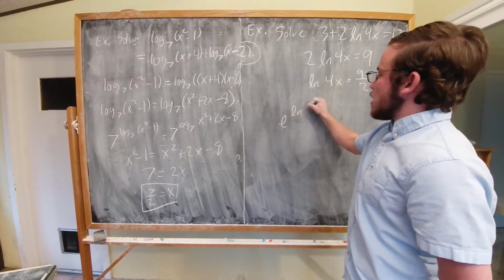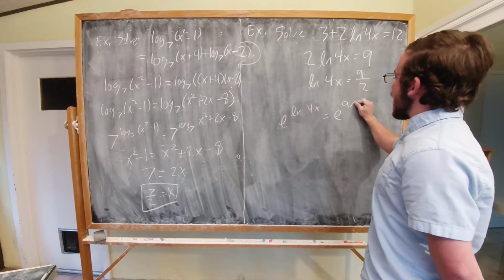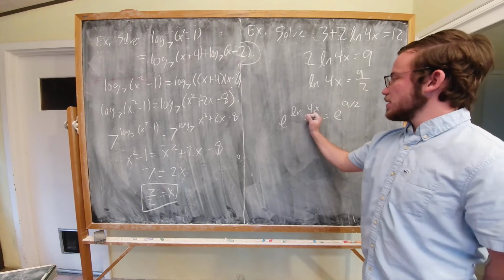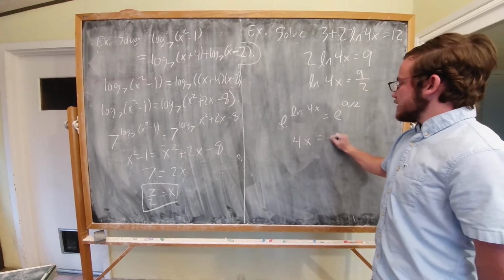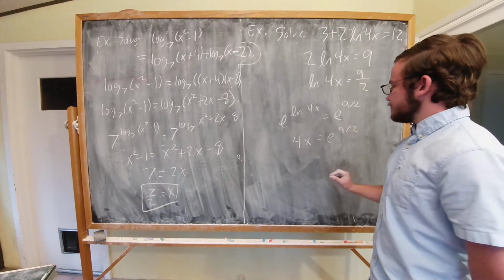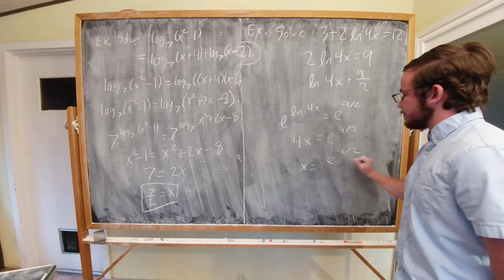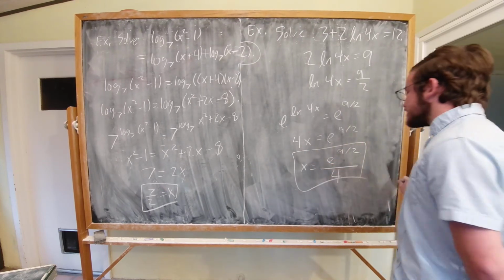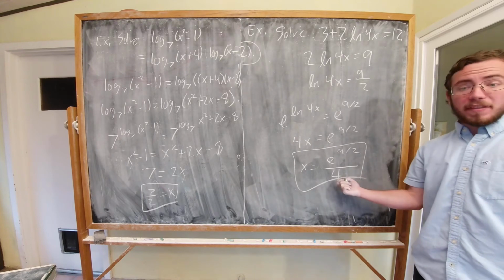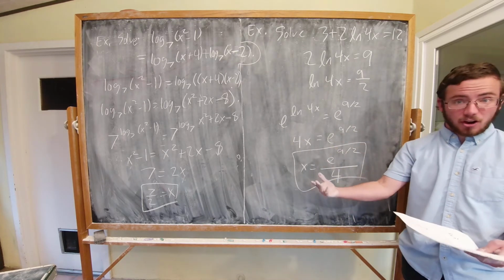E to the natural log of 4x is equal to e to the 9 halves power. E and the ln cancel, we're left with 4x is equal to e to the 9 halves. Therefore, x is equal to e to the 9 halves, all divided by 4. A nasty number to be sure, but one that we got to pretty easily. It still works out nicely thanks to the logarithm laws.